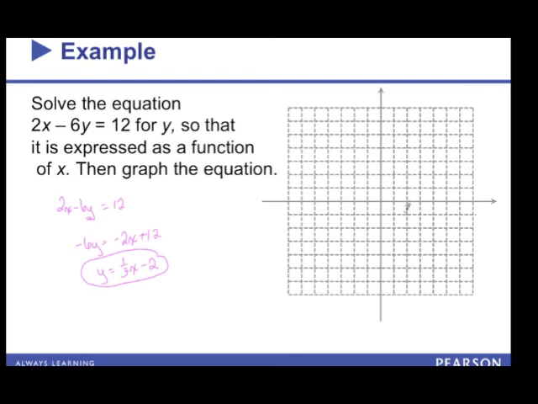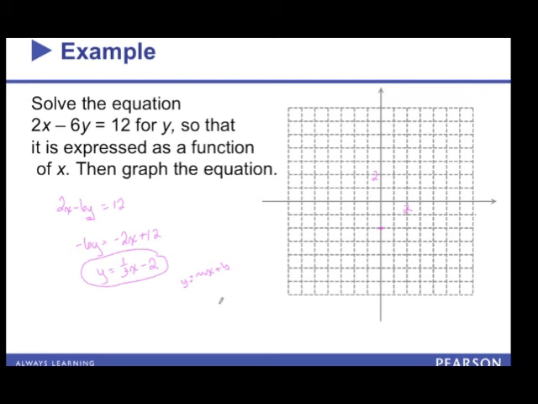Of course, if I'm going to graph it, I will need to number it. Now, I've only put 2 numbers on, but that indicates that each line is 1. The y-intercept, we know our form y equals mx plus b. We know that b is the y-intercept, so the y-intercept is negative 2.